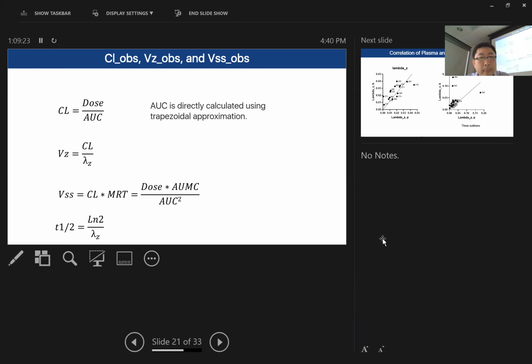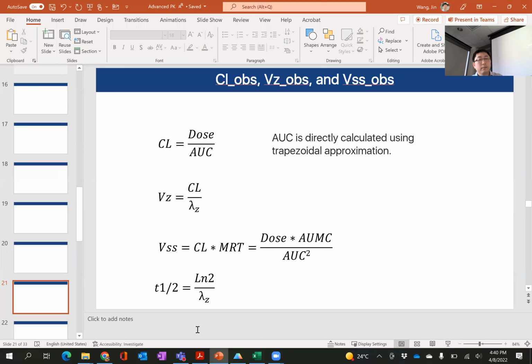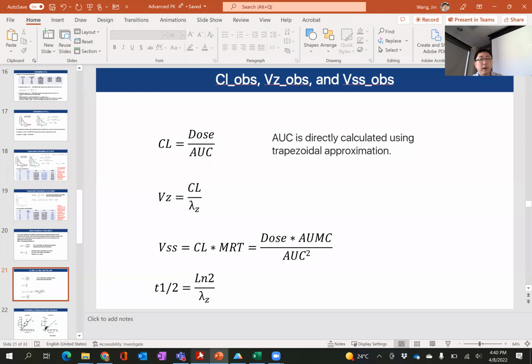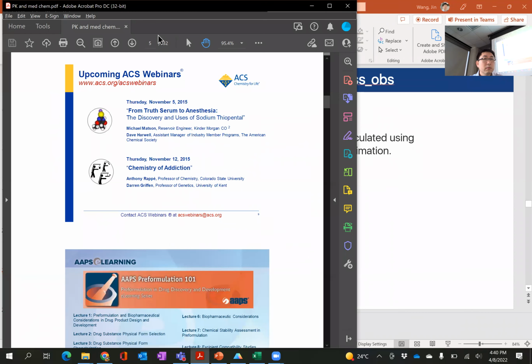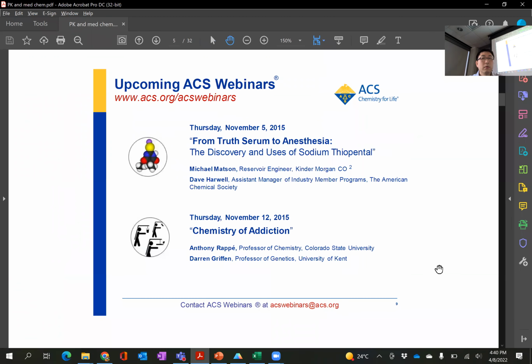In terms of doing experiments, people only do one experiment, and we can get all this data. Yeah, one experiment. I have a question, actually. When you calculate the elimination rate constant, you start from the end of the terminal phase, and take like 3 points and keep going until you don't improve the linearity.